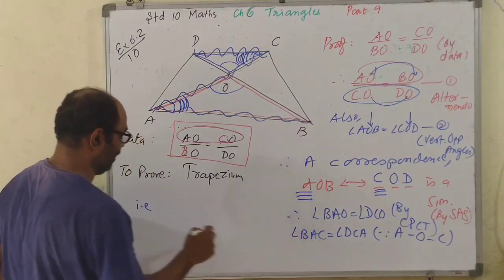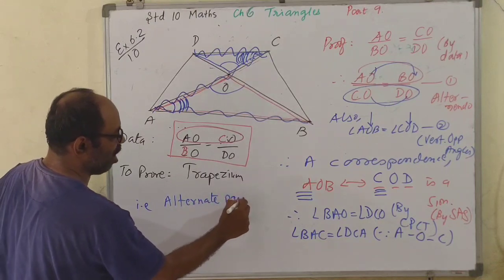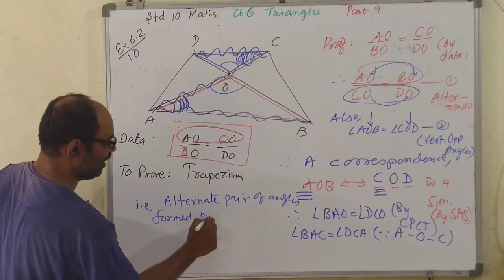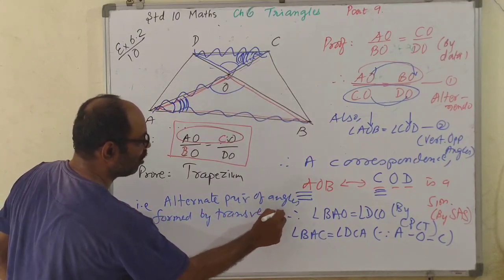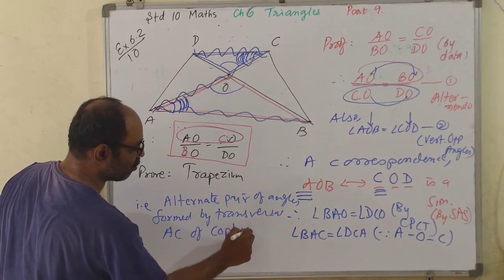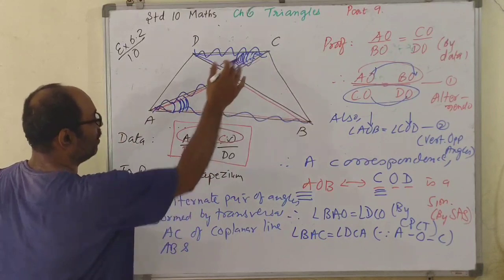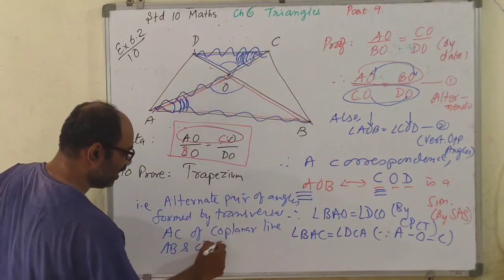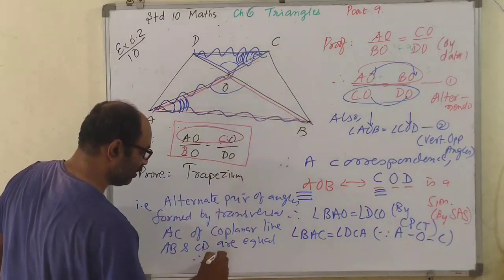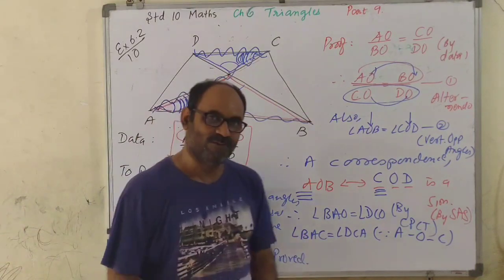That is, alternate pair of angles formed by the transversal AC of coplanar lines AB and CD are equal, therefore AB is parallel to CD. Proved.